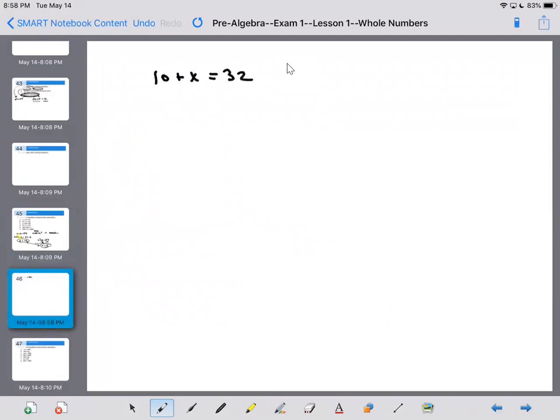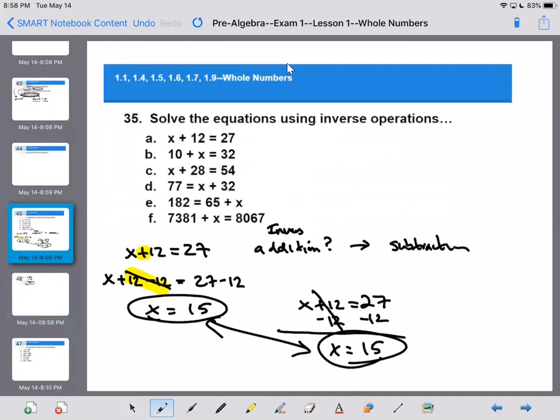And you see the variables here, but you see 10 is a positive 10. So what we would do is subtract 10, because we want to move the term away from the variable. So to do that, we want it to go to 0. So that would be x equal, and then 32 minus 10, we would get 22. Another one is x plus 28 equals 54.